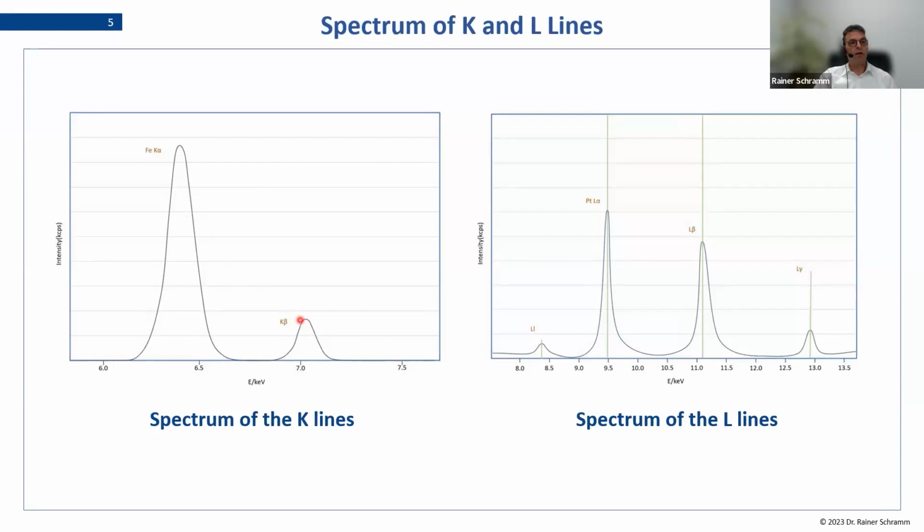In the case of wavelength dispersive XRF, it's always the height of the line, like here, for example, iron K alpha. If you use energy dispersive, it's mostly the surface of the peak which is used as the source for the intensity. If you use L lines, then it's either the L alpha or the L beta you use as the most intense lines, to get either the height or the surface as intensity.